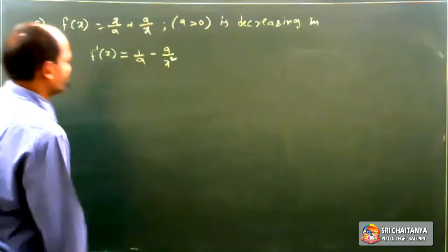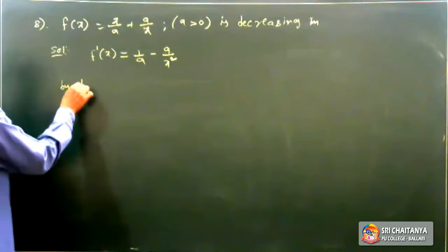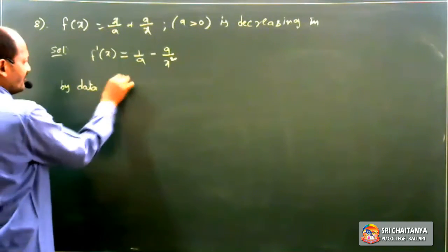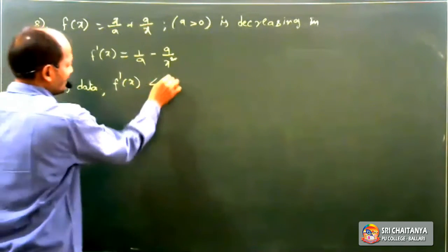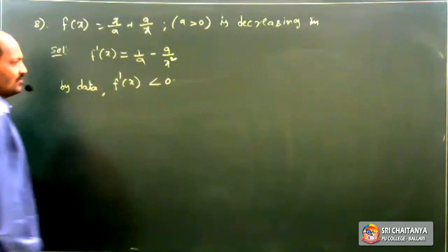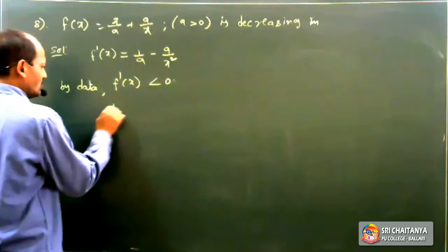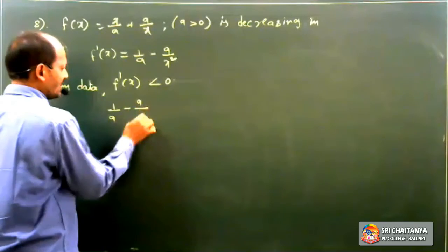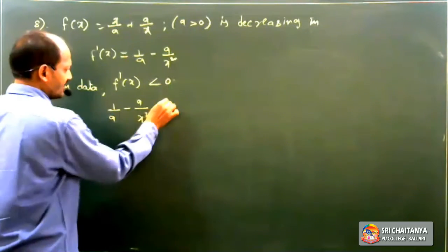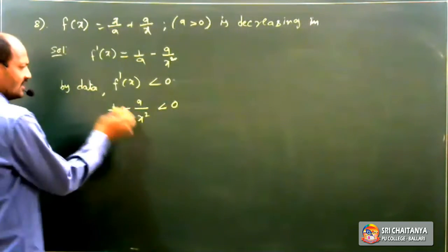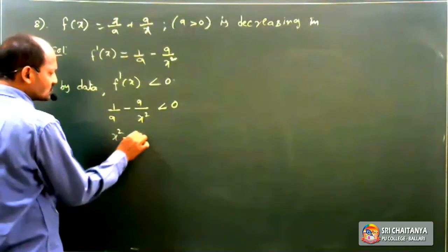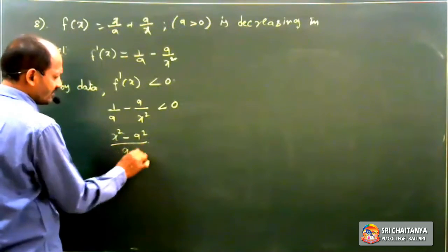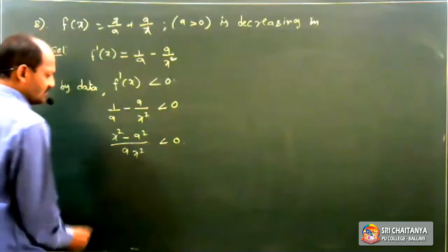It is decreasing. So decreasing means first derivative is less than 0. 1 by a minus a divided by x square is less than 0. It is clearly x square minus a square divided by a x square is less than 0.